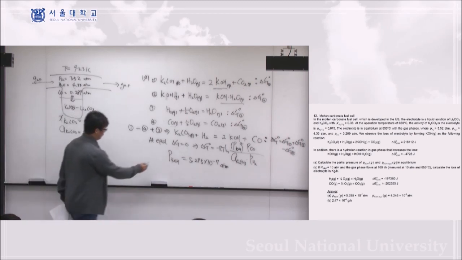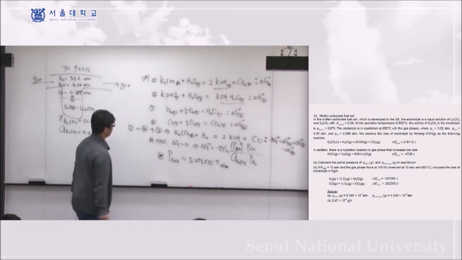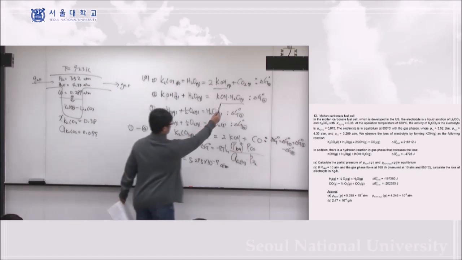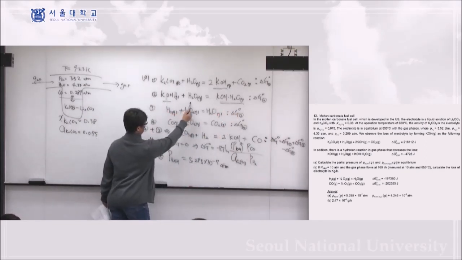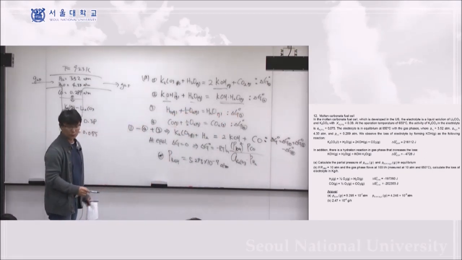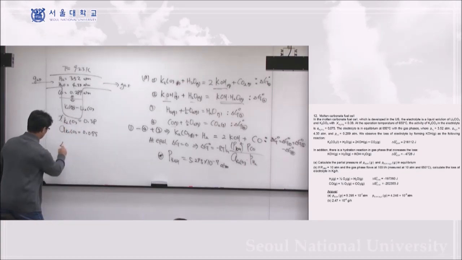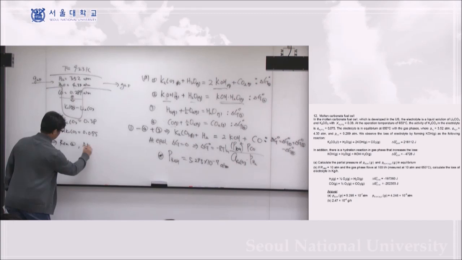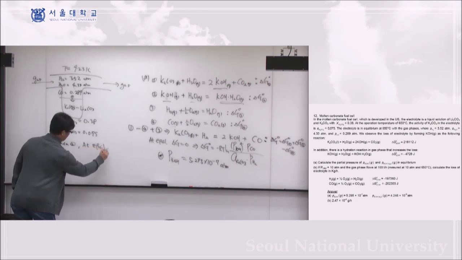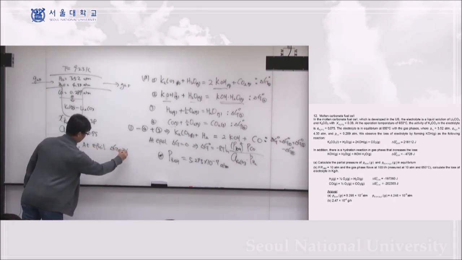And then now we know this one. Then we have to find this one. This is easy because now we know this one. We know this one, so we can find the other one. So if you are using reaction 2, at equilibrium, same, delta G of reaction 2 equal to 0.